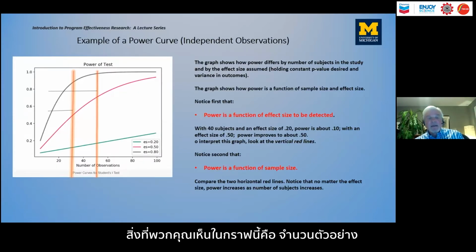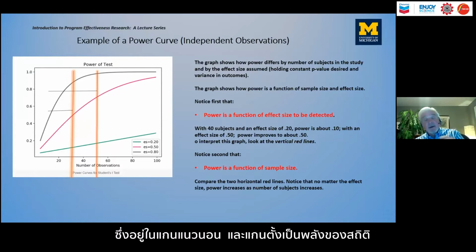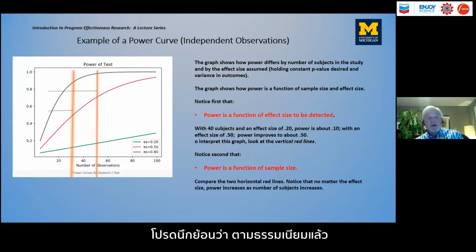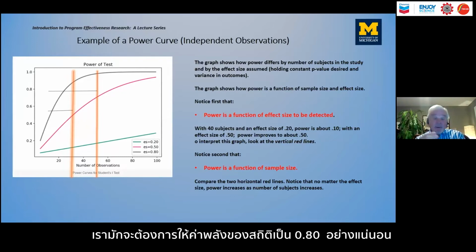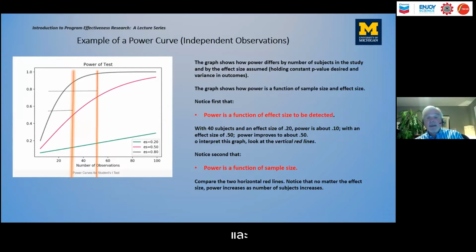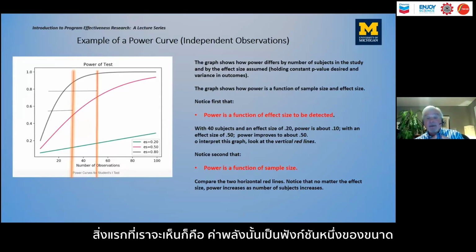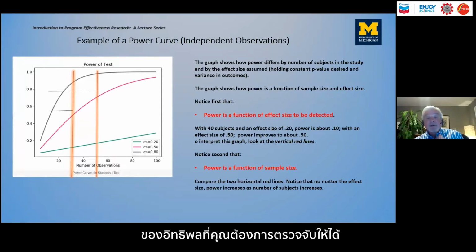So in this graph, what you see is the number of observations is on the horizontal axis. The vertical axis is statistical power. Recall, we usually by convention want power to be 0.80. And the first thing you'll see is that power is a function of the effect size you want to detect.